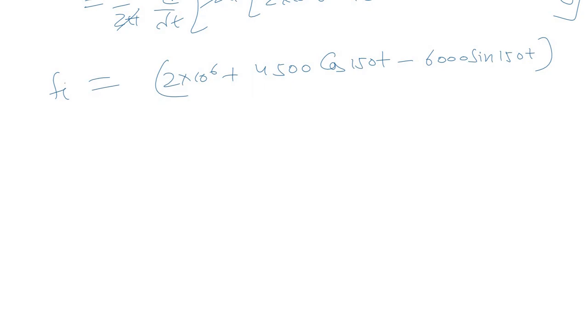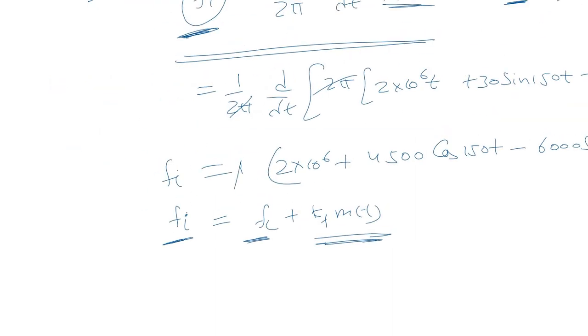This is your Fi, equal to Fc plus Kf into m(t). Fc is the original carrier frequency, and the rest is the frequency deviation, which resulted in a modulated frequency.